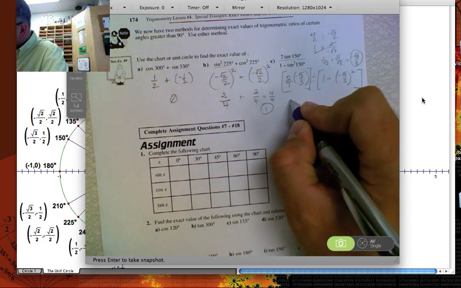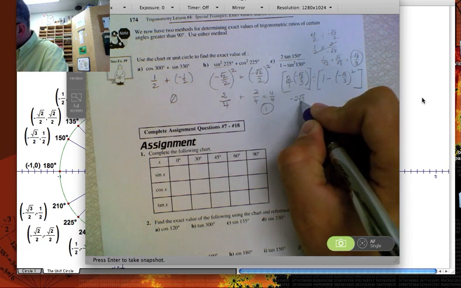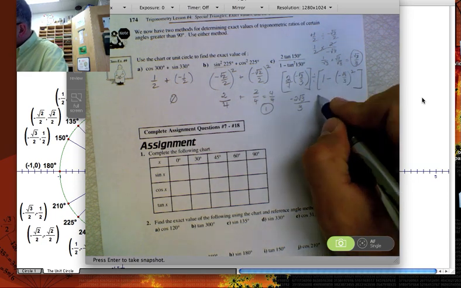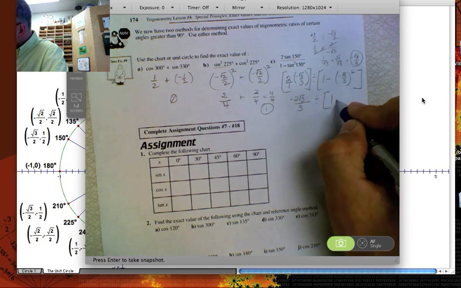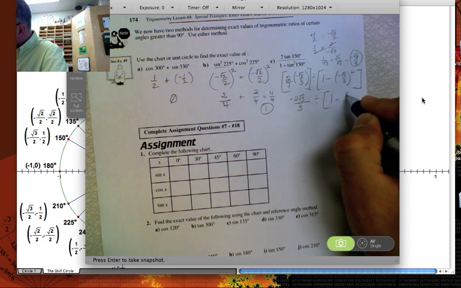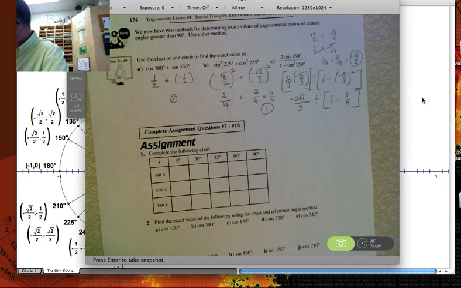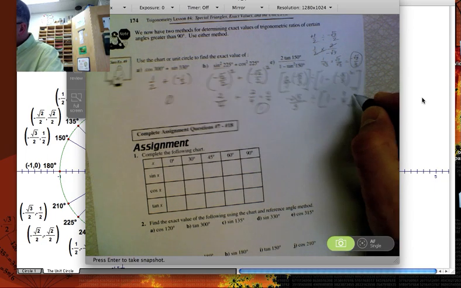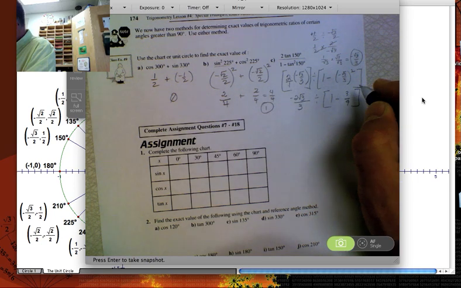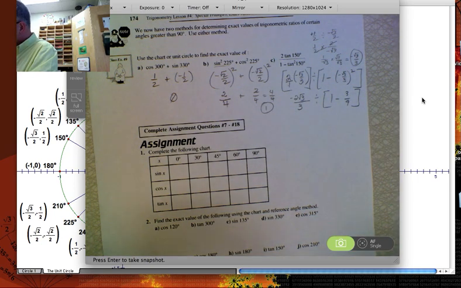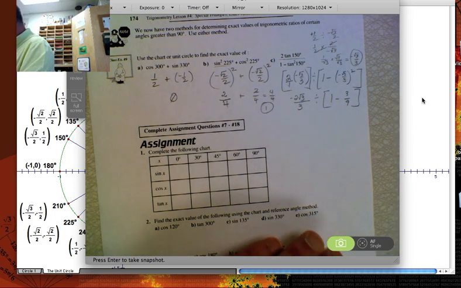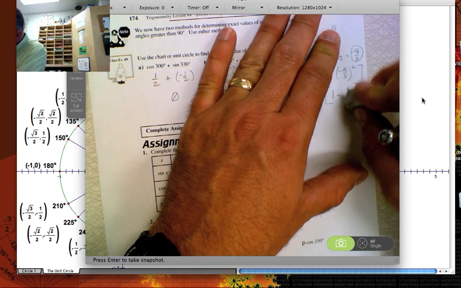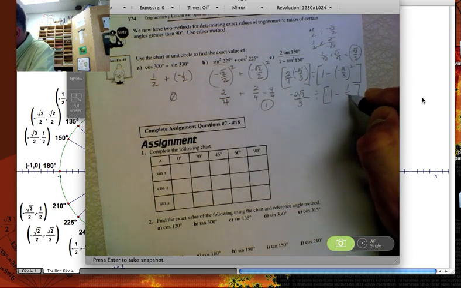Well, 2 times -√3 is -2√3. 1 times 3 is 3. If we look at this, this is 1 minus 3/9. 3/9 is actually the same as 1/3 if we simplify it. So if we just simplify that, divide both of those by 3, we actually end up getting 1/3.